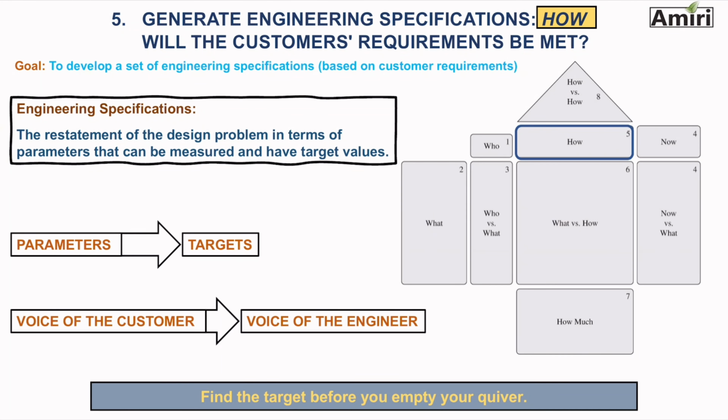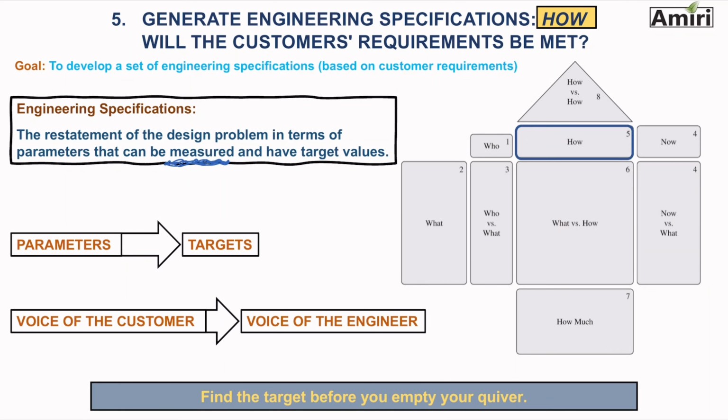That measure is an important aspect of it. When we talked about the car door that could be easily opened or easily closed, that's not very measurable. But when you attach 40 newtons to it, something with a unit that you can measure, that's now an engineering specification.